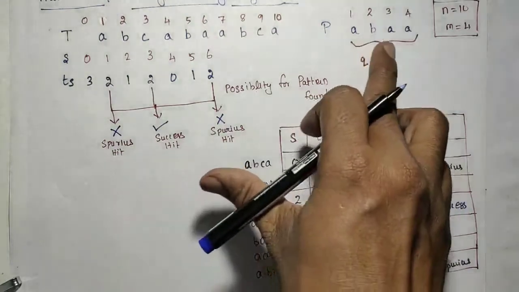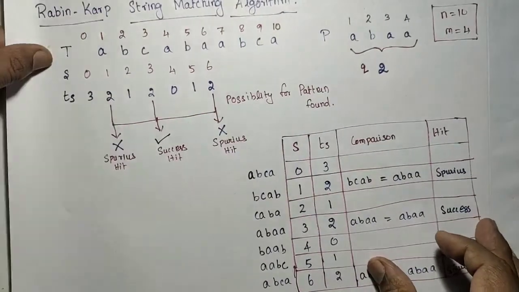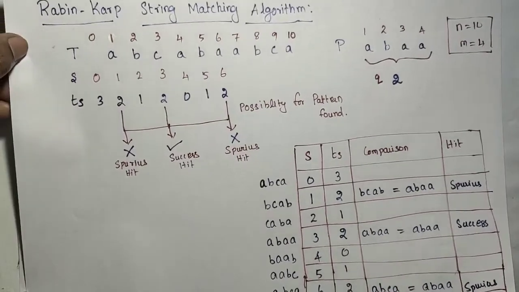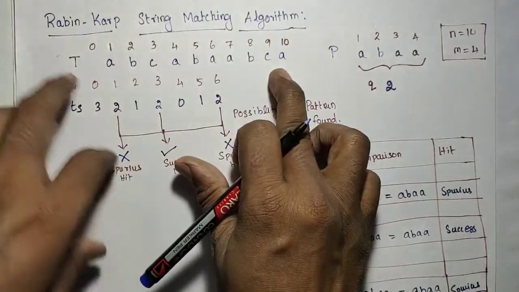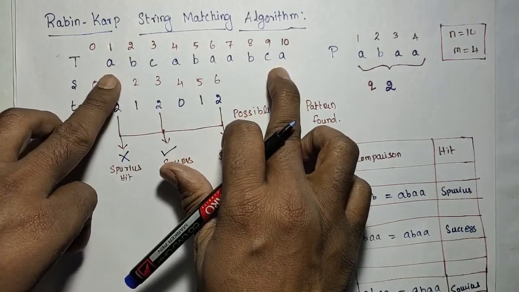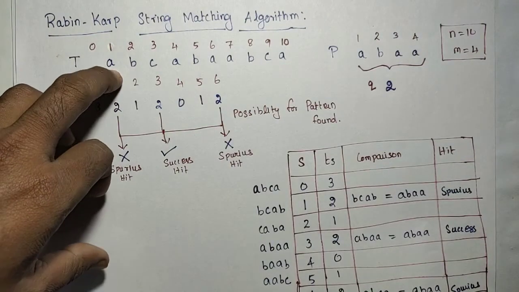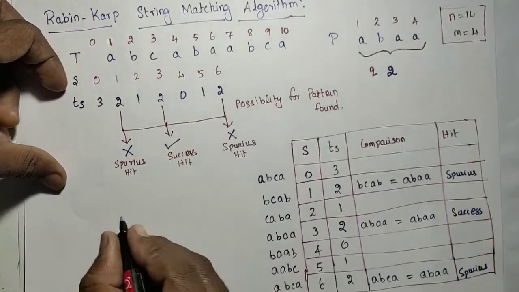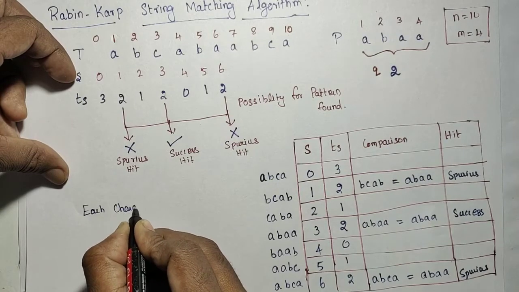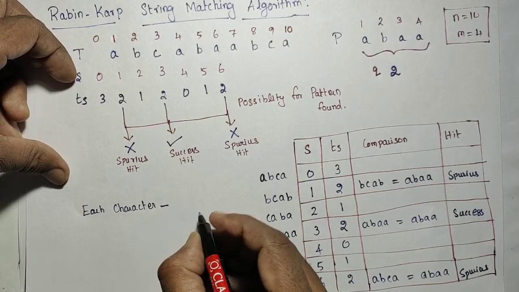Okay, the next thing is how to convert this to a number. Before discussing that string into number conversion, we need to know that every character in the Rabin-Karp algorithm is treated as a digit with radix d notation. Each character is represented in radix d notation.